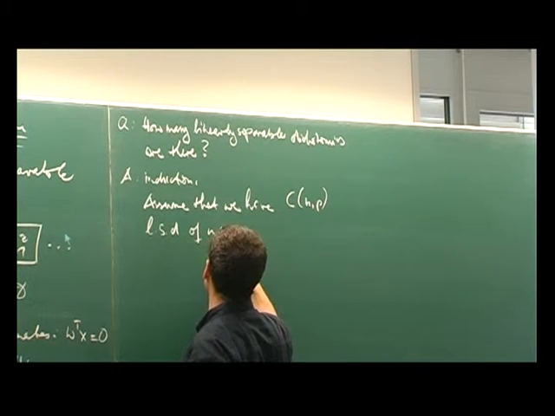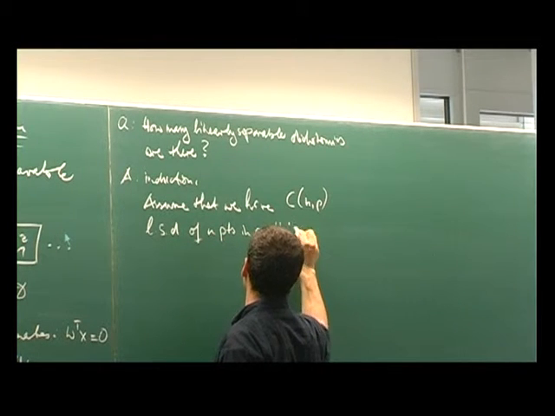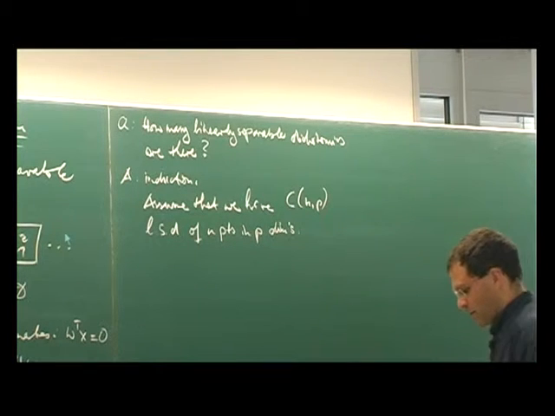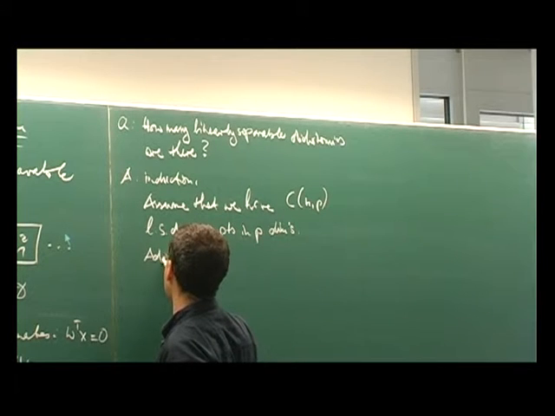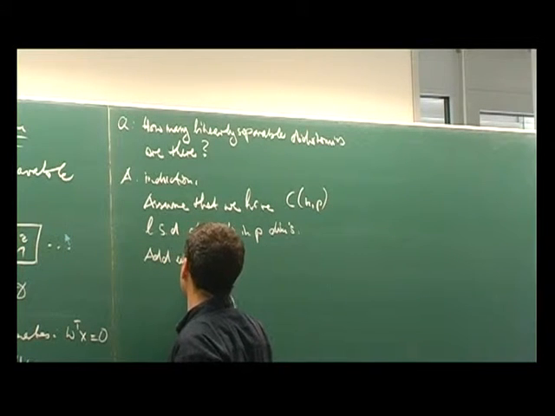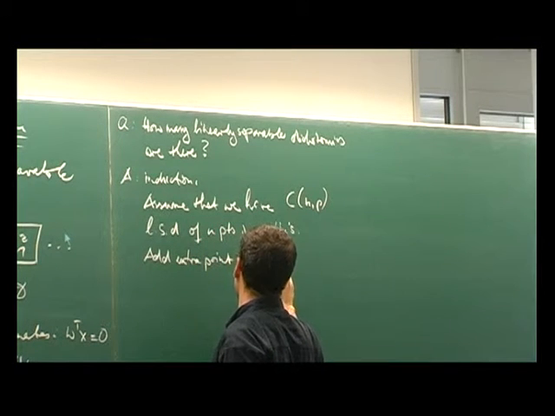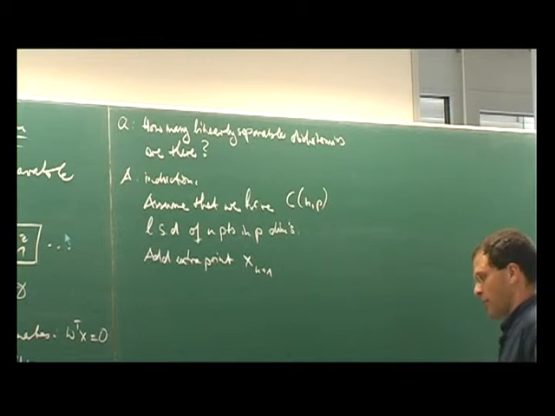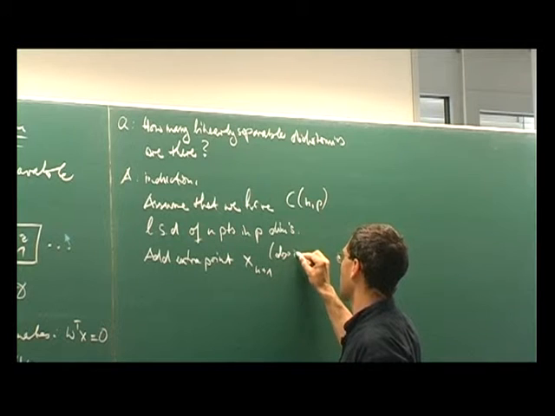This number means of n points in p dimensions. And we now add an extra point, which we also assume will lie in general position with respect to all others.